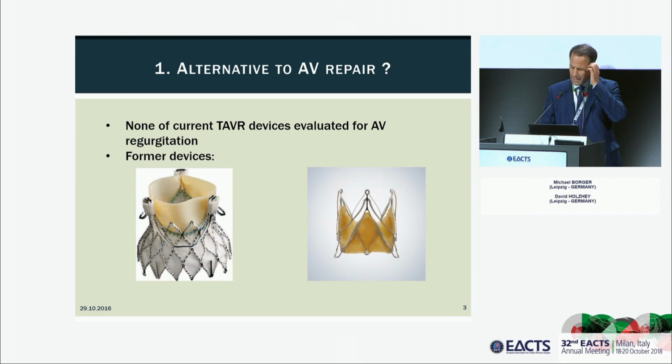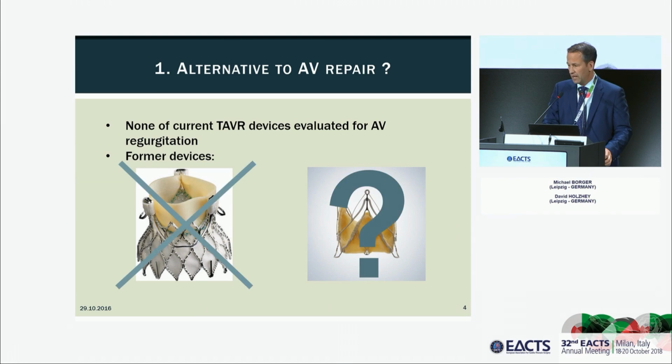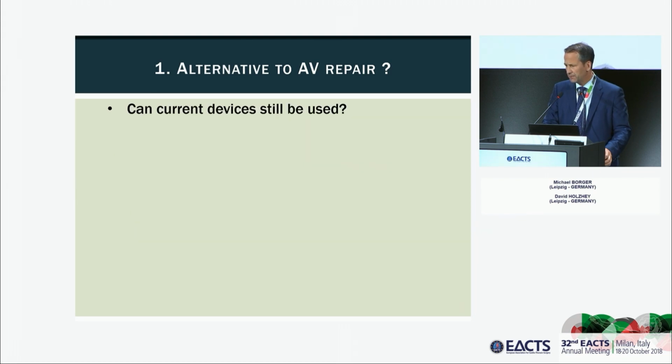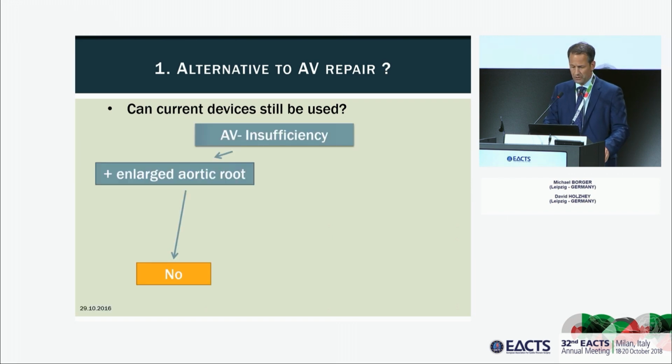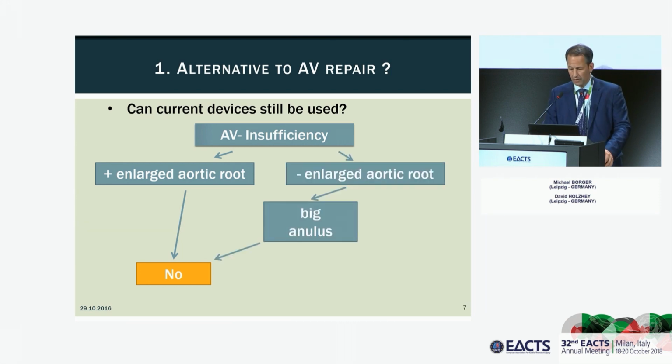But these clasp mechanisms that you see on the Jena valve and also on the Engager were particularly suitable for patients with AI because they prevented embolization. Can other currently available devices be used for patients with pure AI? Obviously, if they have an enlarged aortic root, then they're not an option. If the aortic root is normal in size, then we have to look carefully at the size of the annulus.